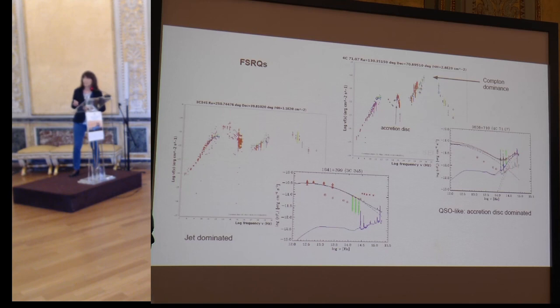On the left, you have an object whose optical emission is jet-dominated, while on the right, we have an object whose optical emission is dominated by the accretion disk. Notice the high Compton dominance, that is the powerful emission in the gamma rays.